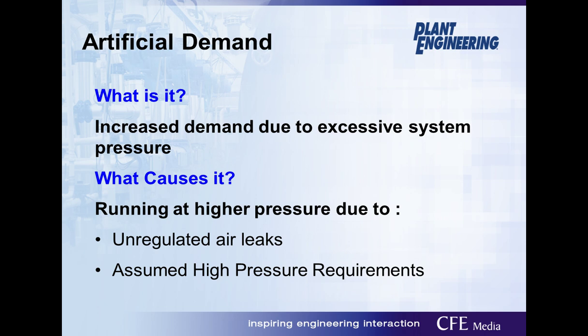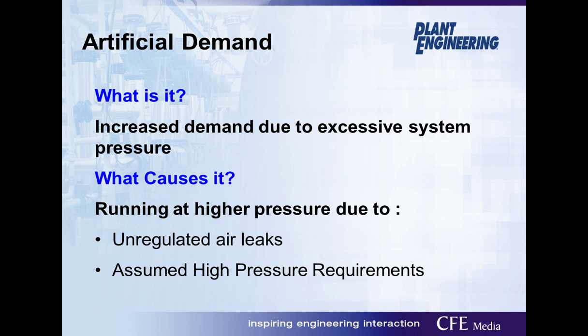You've got two things: unregulated air leaks, and anything with an assumed high pressure requirement. In the Compressed Air Challenge, when we say high pressure requirement, we mean anything higher than the average pressure you use in your system. So do you have loads that affect your system? We'll talk a little more about that coming up.